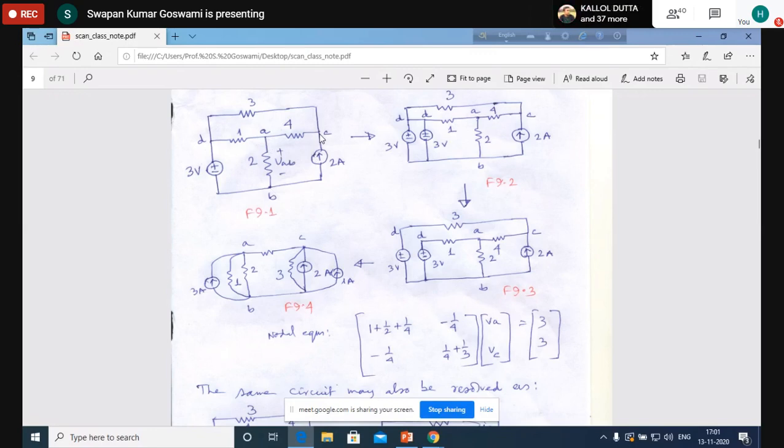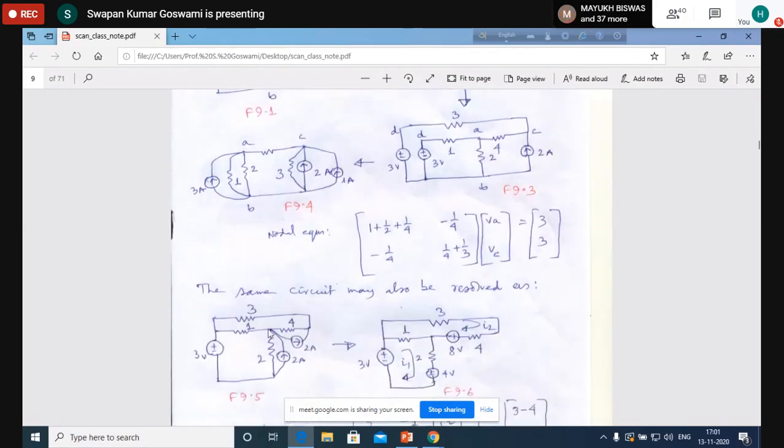So effectively the situation remains the same, because previously there was no current source connected at node A. Now two sources are connected at node A. One is entering the node, another is leaving the node. So effectively no source is connected at node A. One has entered and it has left. So effectively no change.